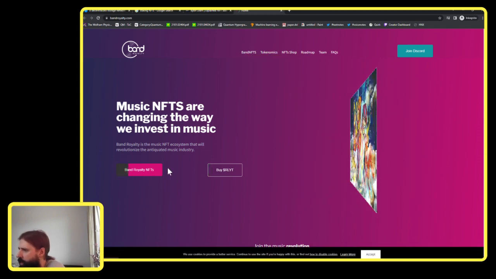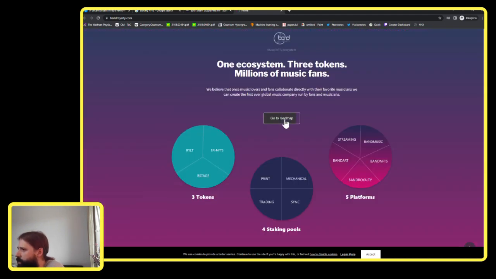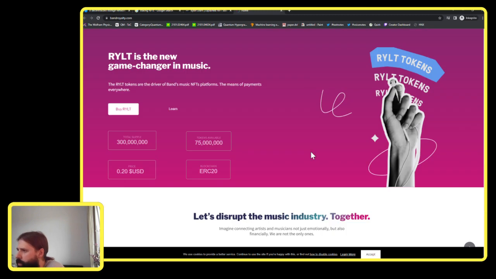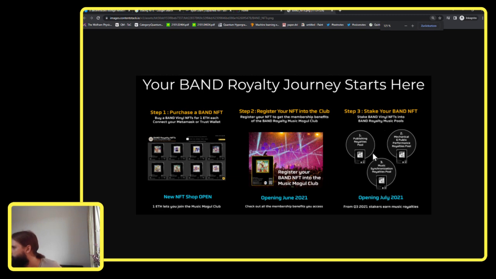So, what is it that this is doing? Go to roadmap, streaming, Ban music. So, publishing royalties, so stake Ban, so mechanical and public performance royalties pool, music synchronization royalties pool.